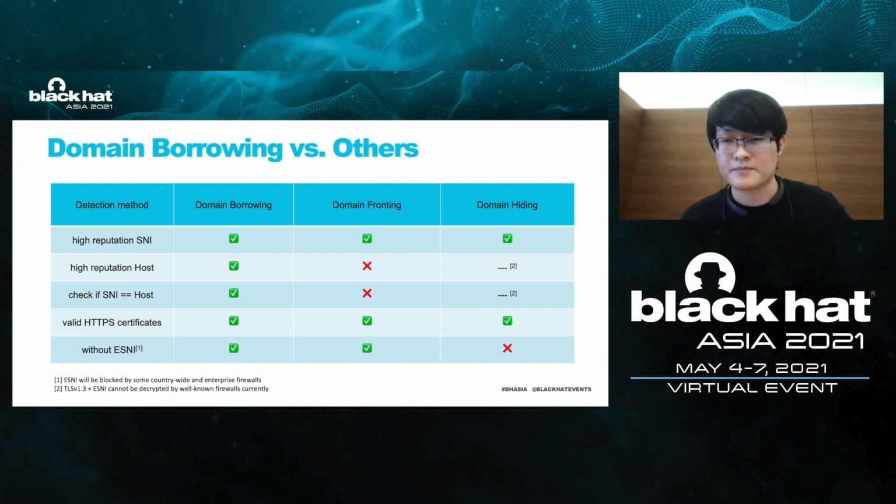By contrast, the advantage of domain borrowing is SNI can be the same as the host, and domain borrowing doesn't rely on not widely supported HTTPS features such as ESNI, and this makes the traffic look like normal HTTPS traffic.